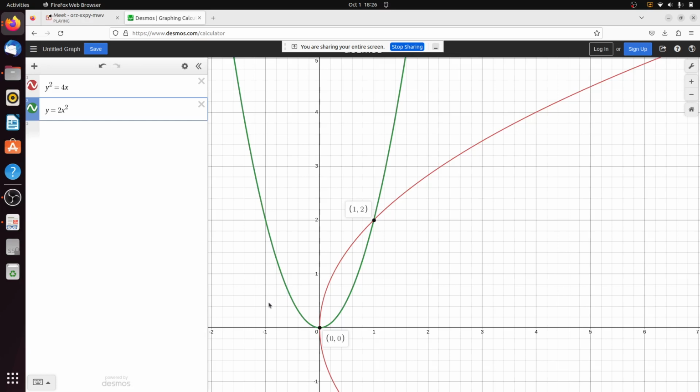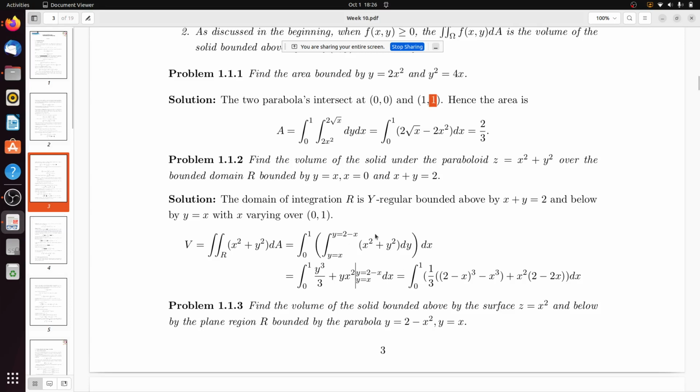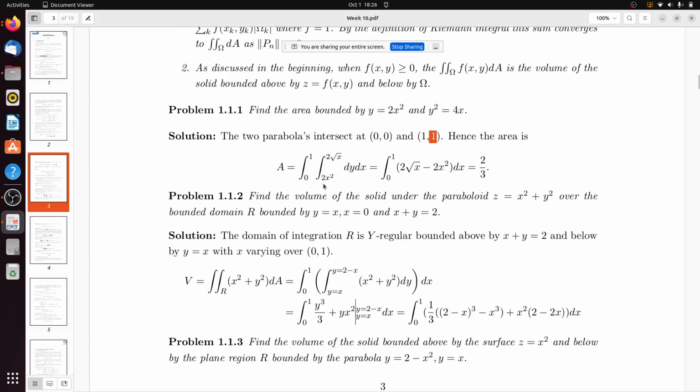Square root of 4x means 2 square root of x. So y varies from 2x square to 2 square root of x, and we have to find the area bounded by this. So we just have to integrate dy dx.